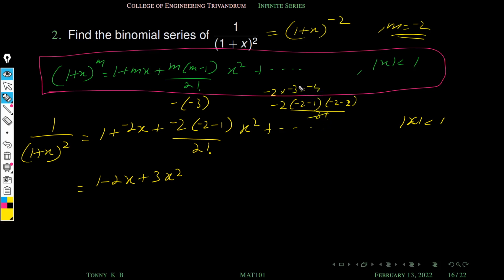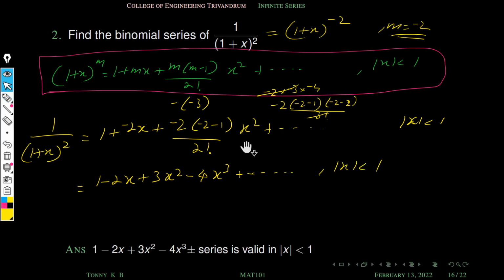So you can cancel 3 factorial, and minus into minus into minus gives again minus. So the next term is minus 4x cube, right? Plus minus etc. And this is valid in the region mod x less than 1. Yes, so this is the binomial series expansion of 1 by 1 plus x square, and this series expansion is valid in the interval mod x less than 1, or this is the interval of convergence.